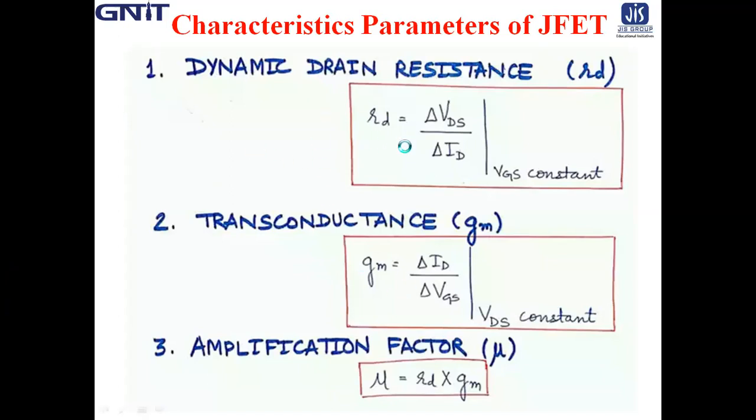So RD is basically delta VDS by delta ID when VGS is constant.